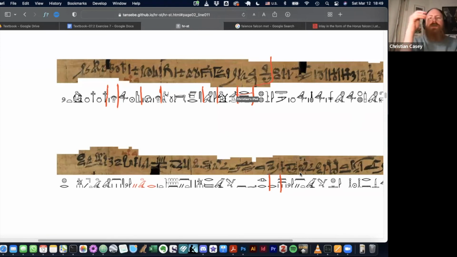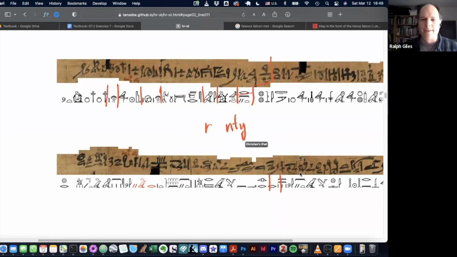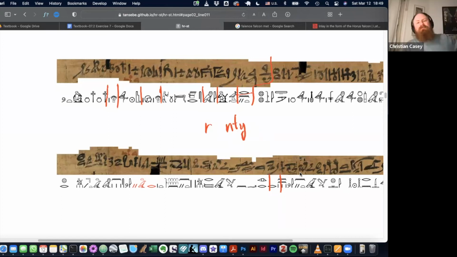It's Erneti, and literally it's to which, or toward which. But it's a way of saying, so we've done all the introductions, and namely, this is the content of the letter. It's a way of separating the salutations from the actual message.